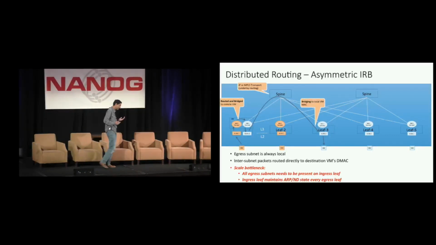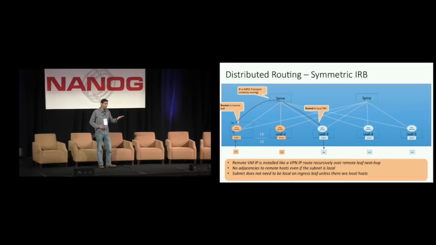So this again is a little bit better in terms of scale as compared to centralized routing, since the routing function is distributed across multiple leaves. However, it is still somewhat of a scale challenge because the ingress leaf still needs to maintain ARP entries or ND entries for all the remote hosts in a stretched VPN overlay or an EVPN instance.